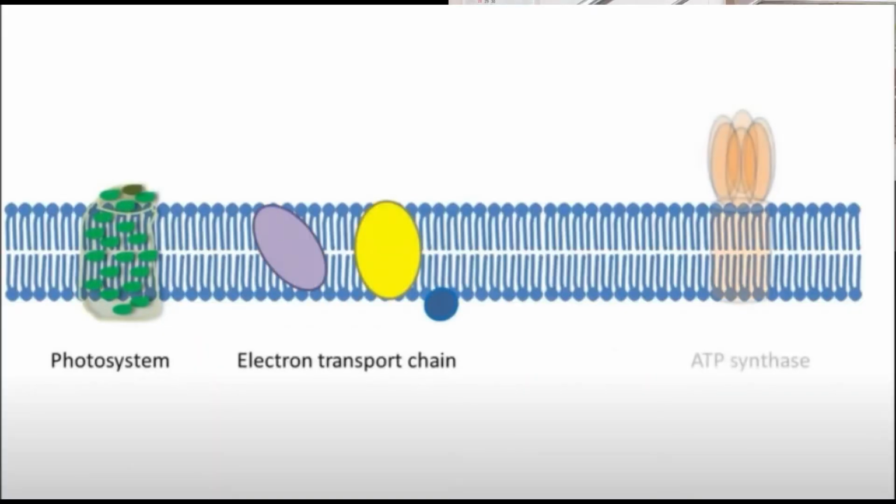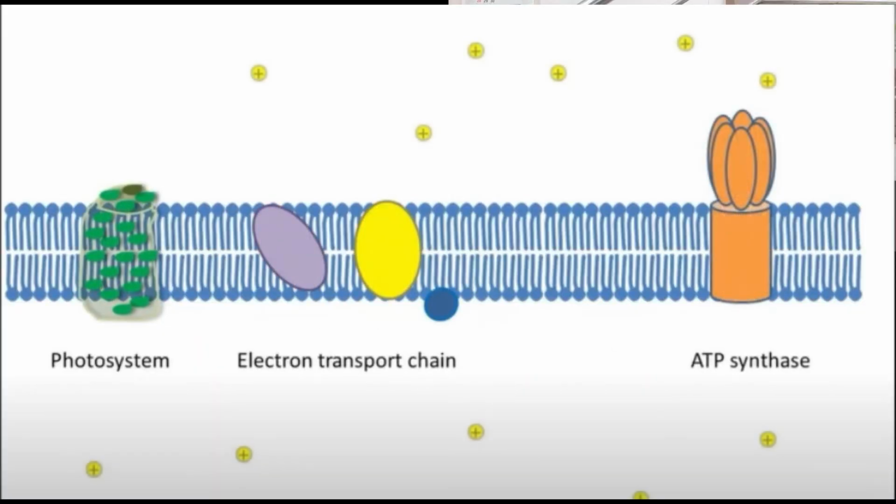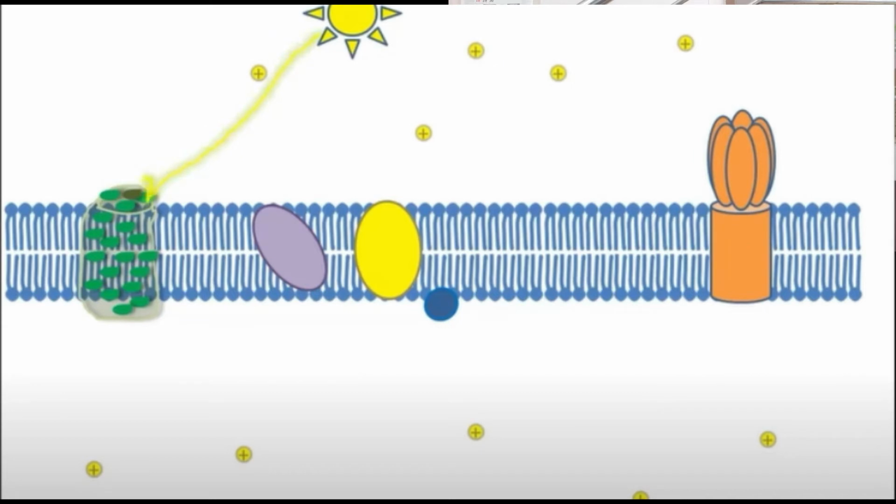The cyclic is also very easy to understand, because the far red light or the light energy with higher wavelength is captured by the photosystem 1, and photosystem 2 is not activated here. From P700, the electron gets excited and goes to the ferredoxin.